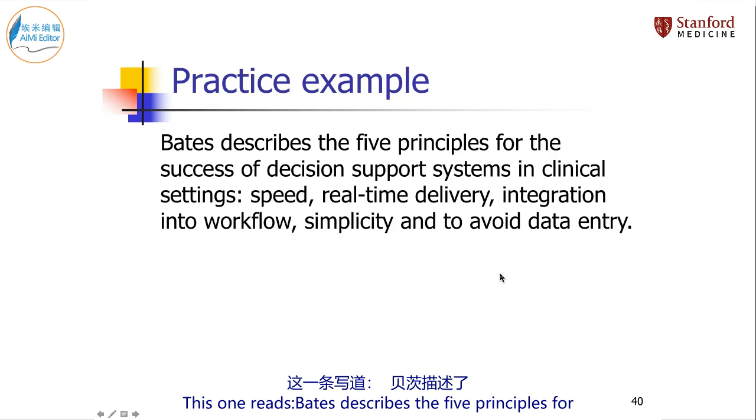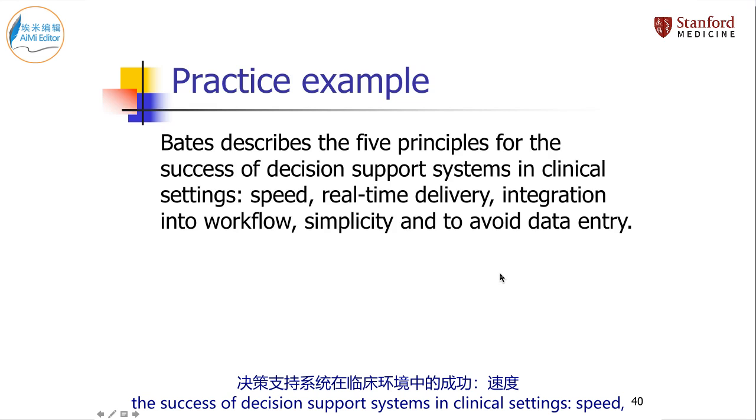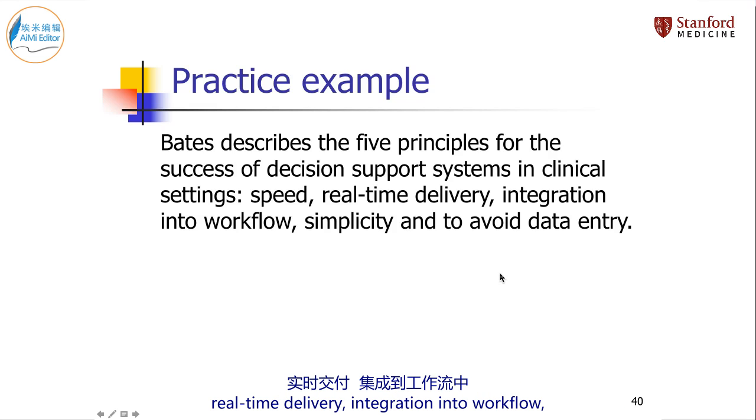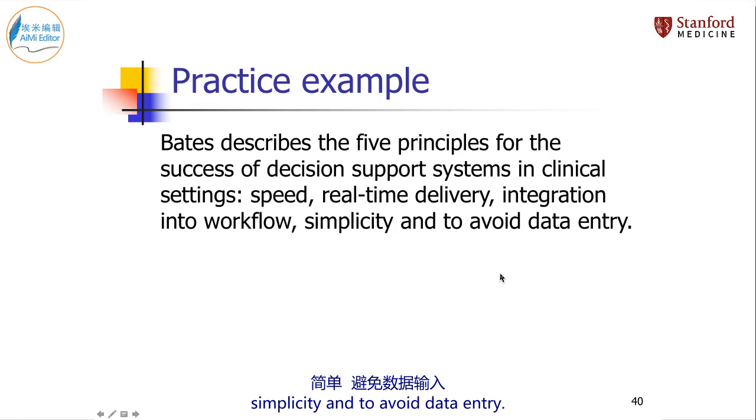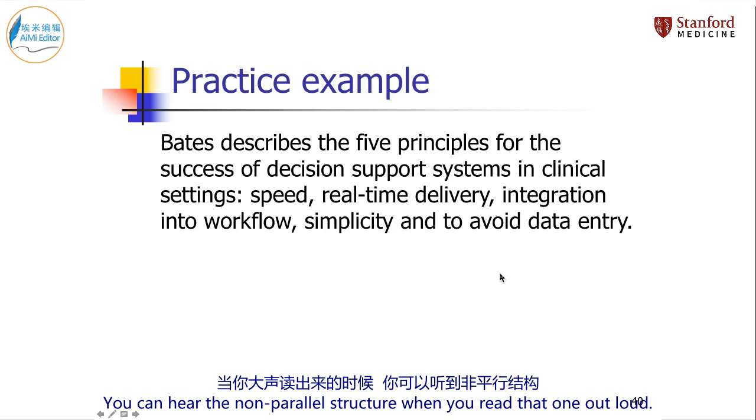This one reads, Bates describes the 5 principles for the success of decision support systems in clinical settings: speed, real-time delivery, integration into workflow, simplicity, and to avoid data entry. You can hear the non-parallel structure when you read that one out loud.